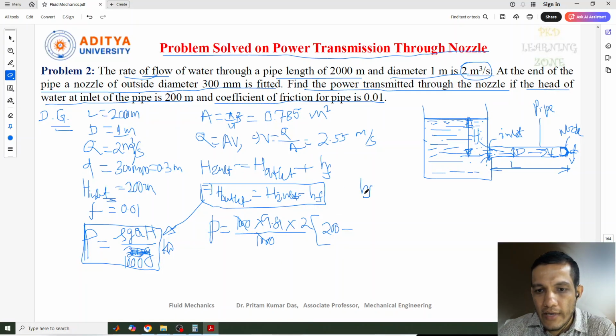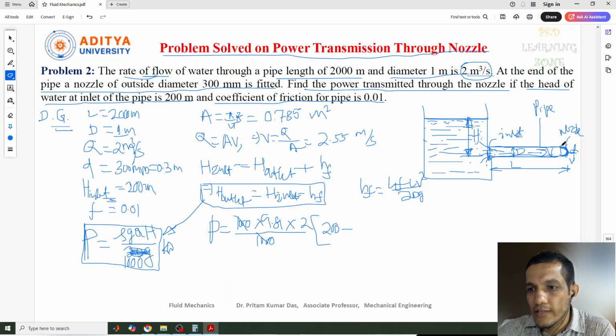So hf we know is 4f L v square by 2 d g. This is actually the major loss, or the loss of head due to friction. When the fluid is flowing through this pipe, there will be some losses, that is loss of head. This is the formula for this. And we can solve it outside, or we can write it down here and solve it here also.